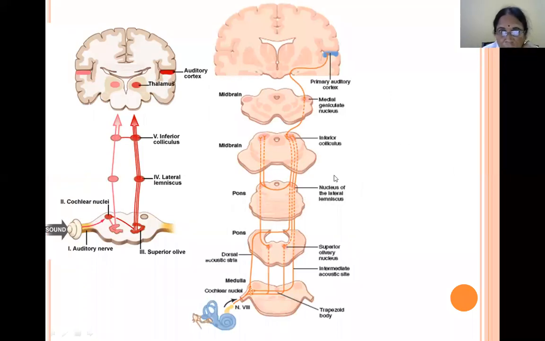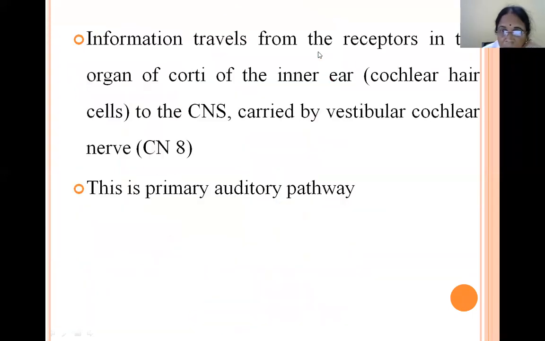All these fibers have ascended till here. They go to the inferior colliculus of the midbrain, and from there to the geniculate body, and from there to the primary auditory cortex.